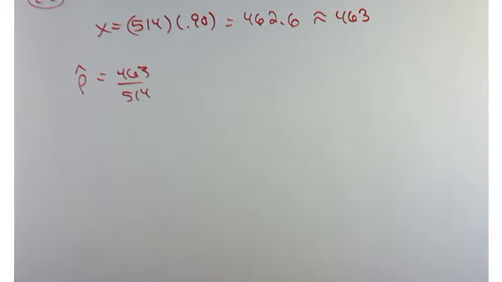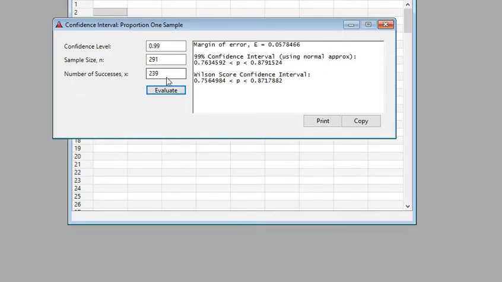But the good news is that we don't have to. Let's move over to StatDisk and let it do some of our heavy lifting. The sample size is 514, and we had 463 successes. We've got our confidence level in, so bang, evaluate.